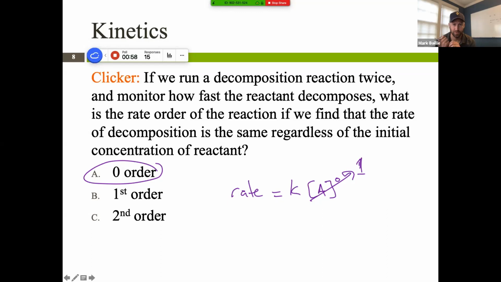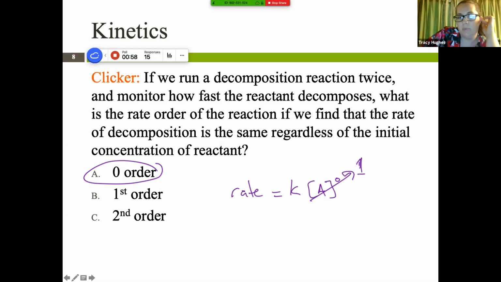Not clear or don't want to answer? How do we define first order or second order reaction? What does that mean about the reactant? One person answers, we'll move on.